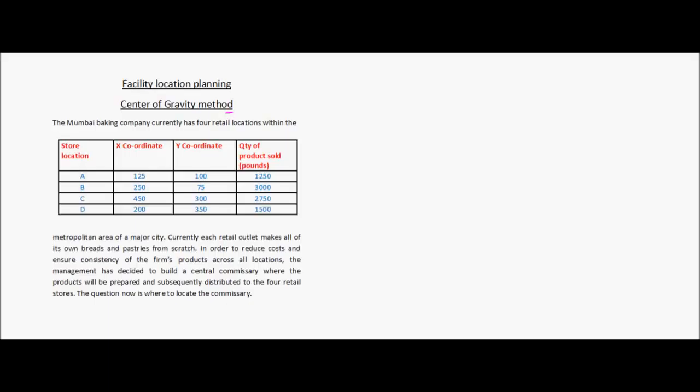So the first step in the center of gravity method is to locate each of the existing retail operations on an X and Y coordinate grid map. And this grid map will help us in establishing the relative distances between these locations.